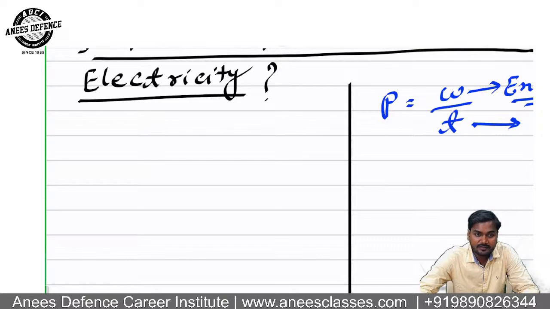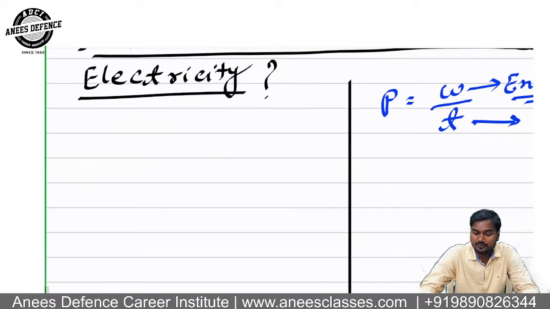Say the unit of time is second. Work done is energy, the SI unit is joule, the SI unit of time is second, and the SI unit of power is watt.